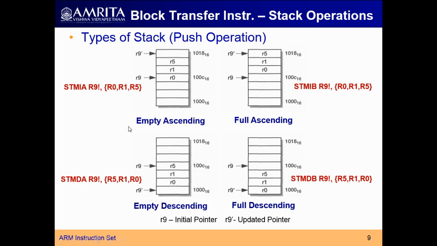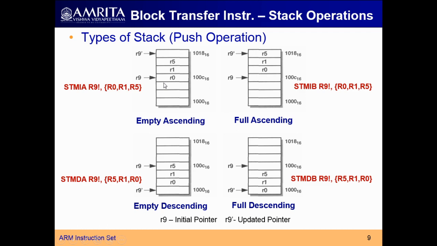So this is how the store multiple instruction can be used for implementing push operation on different types of stack. Similarly, the load multiple instruction can be used for pop operation. Pop operation means the register content will be loaded with the content of the memory location.